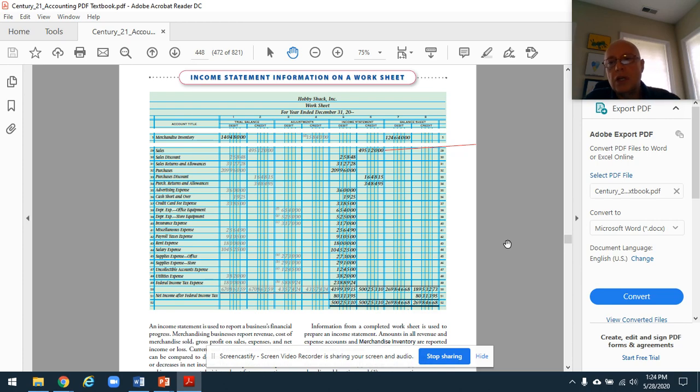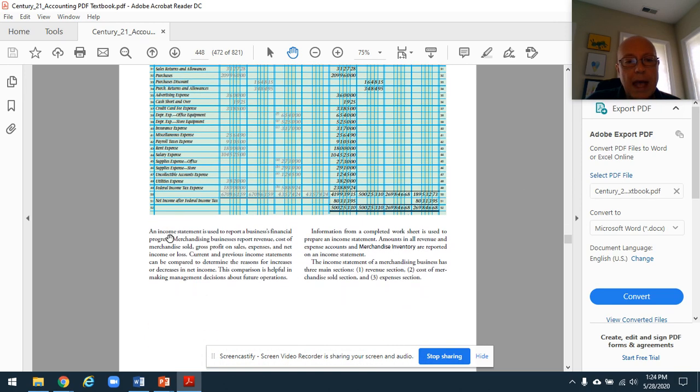Okay, here's our worksheet that we finalized in the last chapter, chapter 14. So we're going to be using our Hobby Shack worksheet. And what we've got to do here is report something called cost of goods sold, or cost of merchandise sold. You'll see it reported as cost of merchandise or cost of goods. We have bought things to resell.